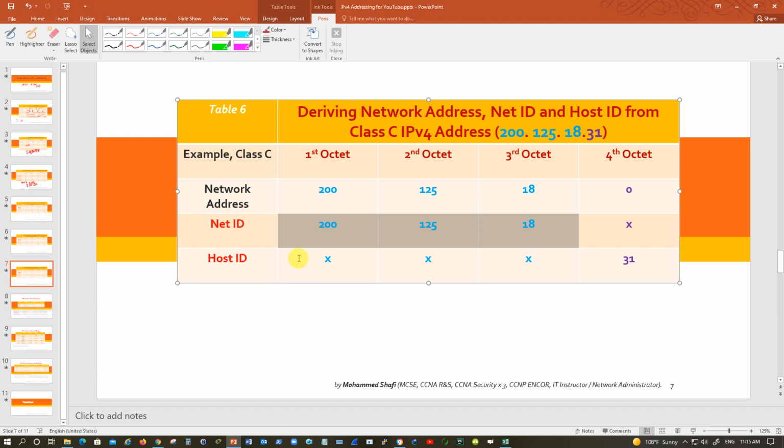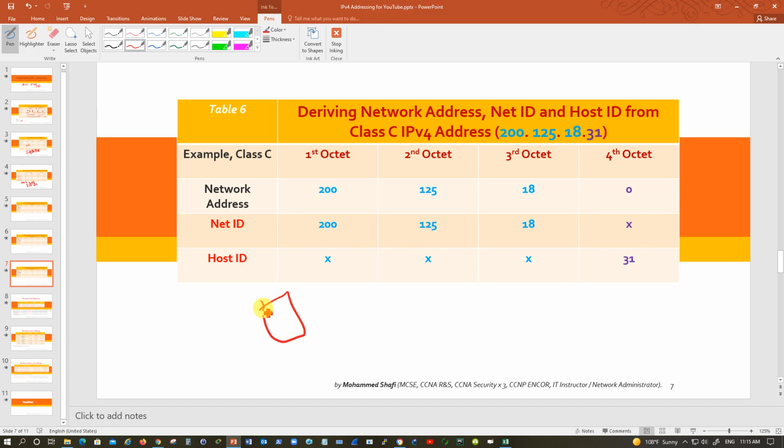For example, if I were to connect two computers in the same class C network, supposing this is computer 1, and this is computer 2. If I want to connect them by some means and bring them onto the same network, I have to make sure that I type the same net ID on both of them.